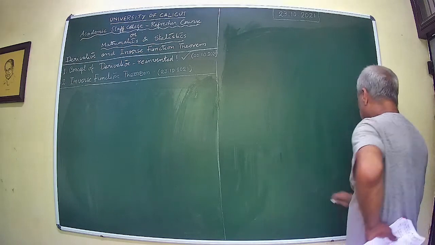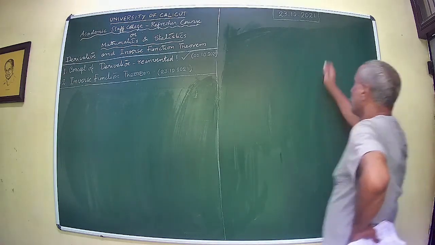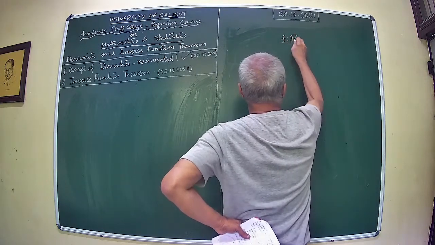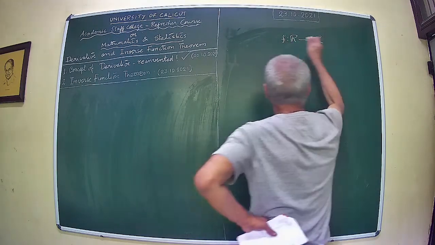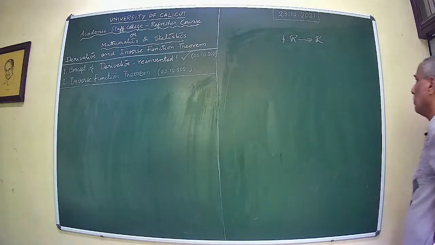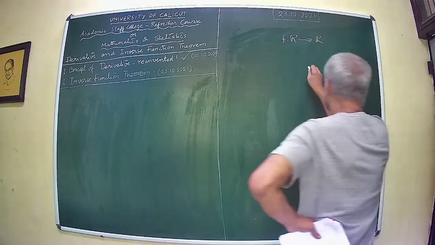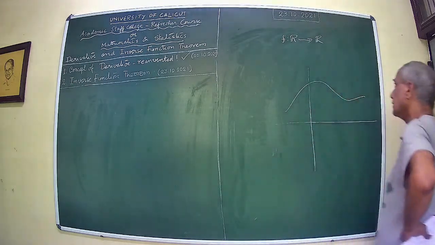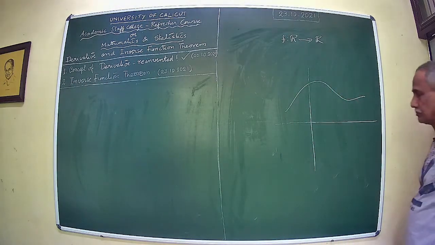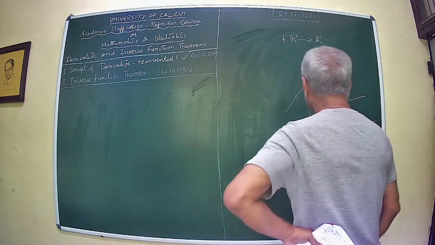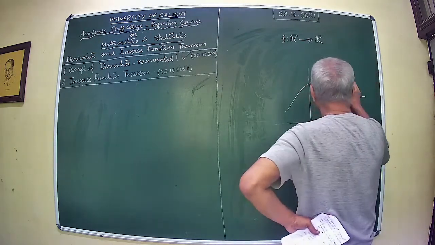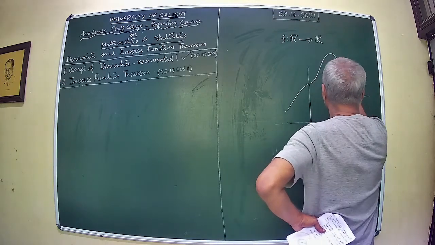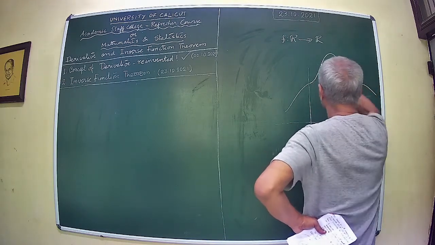Okay, let us go to the one dimension case. So you take f from R to R. You can take it as an interval maybe. So what you have is you draw the graph of this, something like this. Now suppose you take this point, draw the picture, something like this.